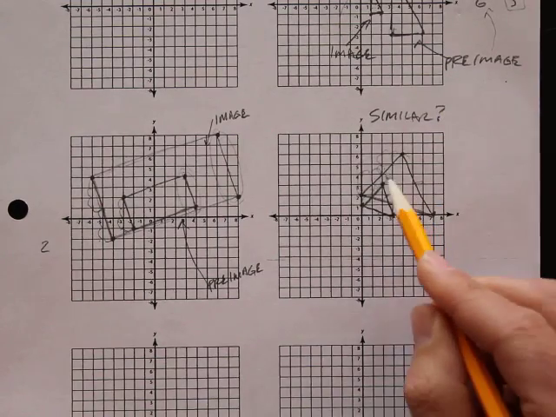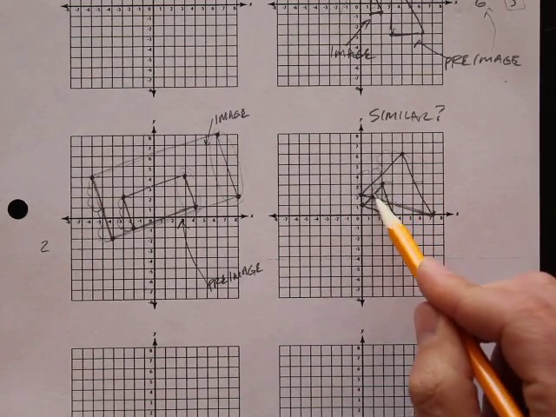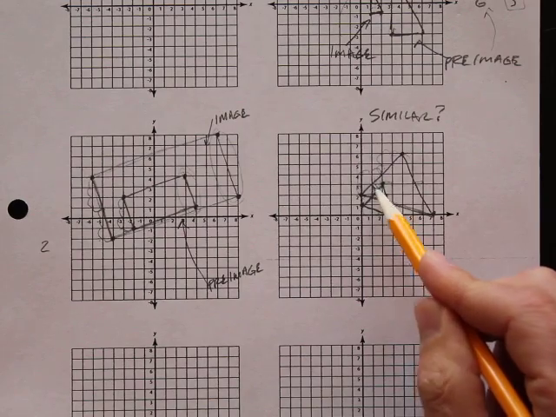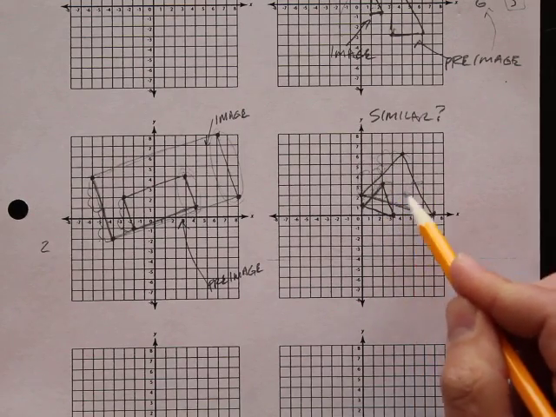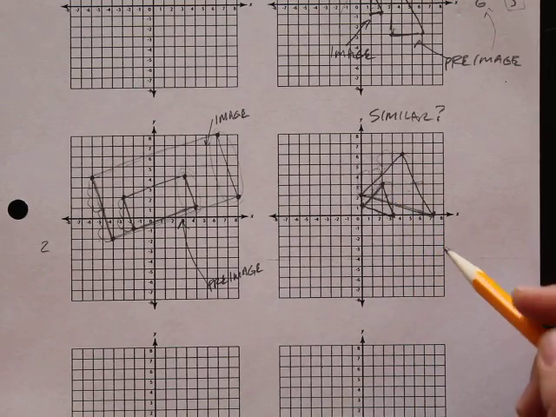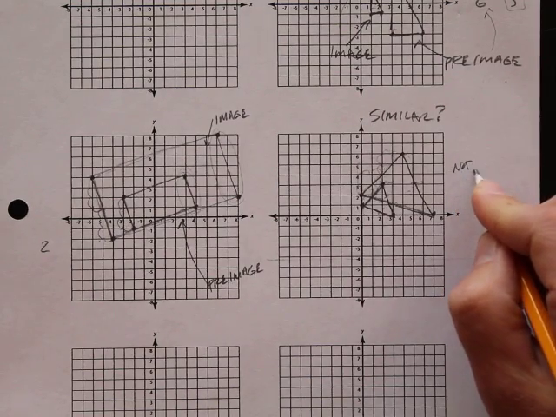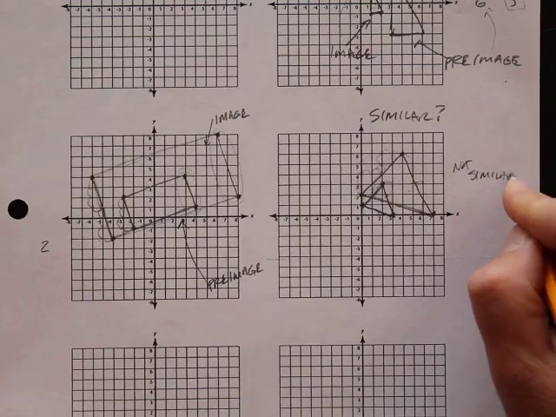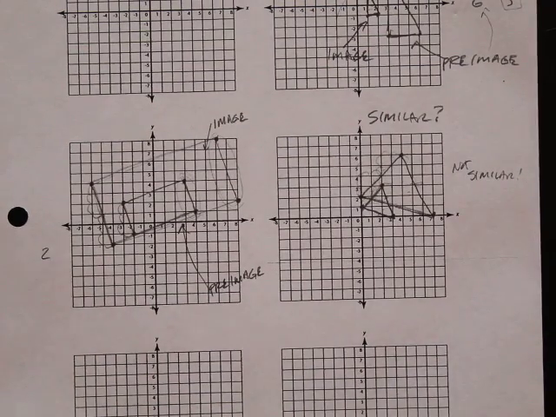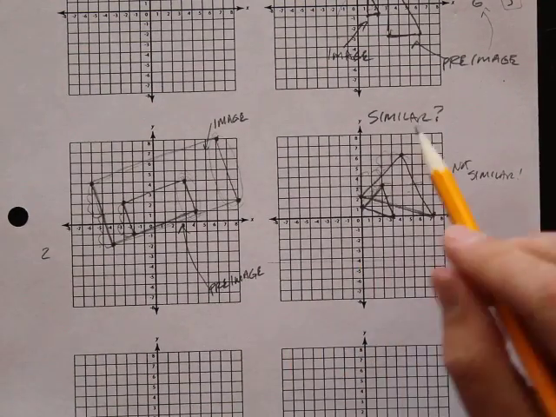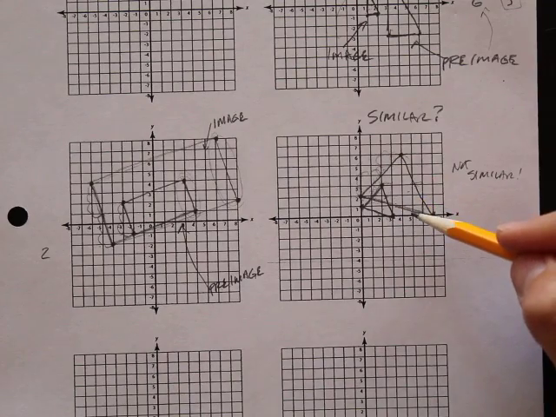So if these are parallel and these ones are not parallel, then we have a problem. These are not similar. Now, the slopes don't necessarily need to be the same if two shapes are similar.